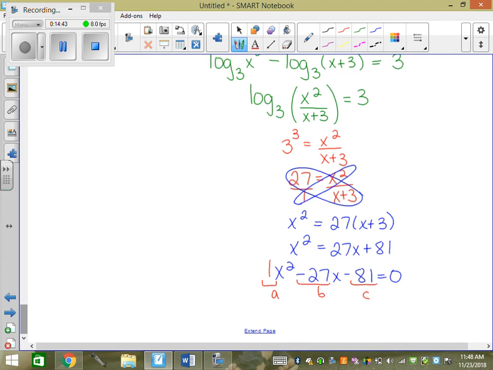So you're going to get x equals negative a, negative 27, so plus 27, plus or minus the square root of negative 27 squared minus 4 times 1 times negative 81, all over 2 times 1.